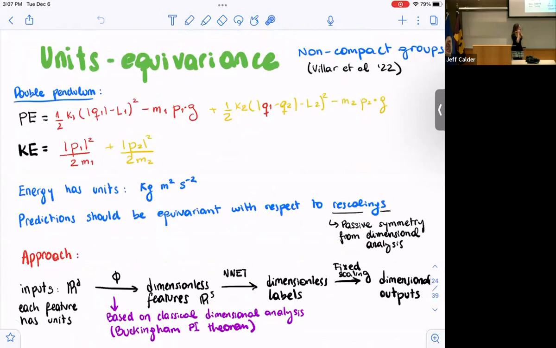So another symmetry that we can implement in this model is the symmetry with respect to units. We're predicting an energy which has units kilograms meter squared divided by second squared. So if I do a transformation to my inputs so that everything that had units of kilograms now has units of pounds, then the outputs should transform in a predictable way. Or everything that had units of meters now has units of yards, whatever.